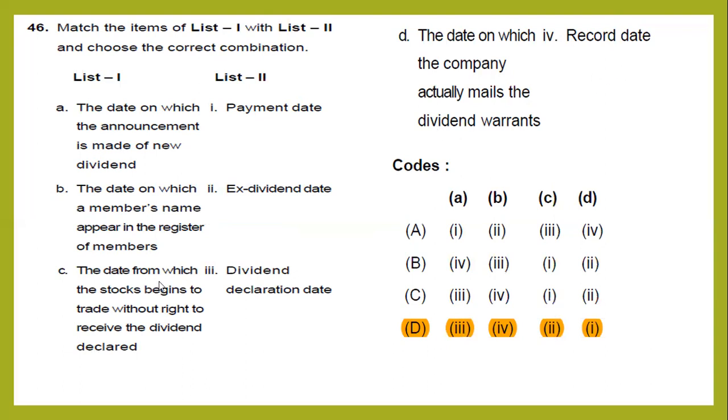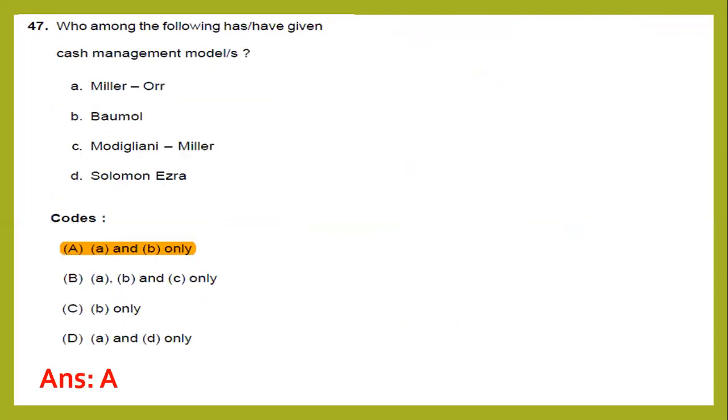And for C, the date from which the stock begins to trade without the right to receive the dividend declared, it is 2, ex-dividend date. And the fourth one, the date on which the company actually mails the dividend warrants to the shareholders is 1. It's called payment date. So this is how it is related.